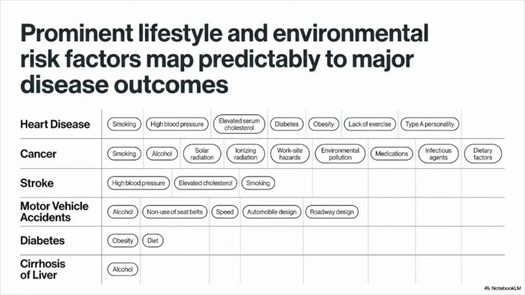Motor vehicle accidents are influenced by alcohol, speeding, failure to use seat belts, poor vehicle design, and unsafe roads. Diabetes is closely related to obesity and unhealthy diet, while cirrhosis of the liver is commonly associated with chronic alcohol consumption. Recognizing these associations helps healthcare professionals focus preventive strategies where they will have the greatest impact.